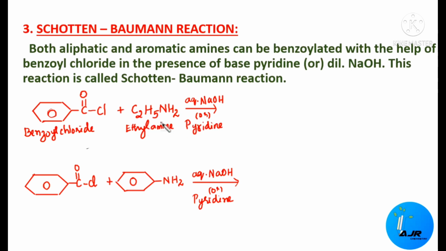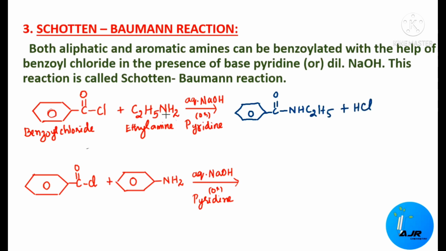So what happens is there will be a removal of HCl. The hydrogen from this NH and this chlorine combine and HCl is removed. And then you write the rest of the product. C double bond O. Now there won't be any Cl because this Cl is taken up by the hydrogen. The rest we write as NHC2H5 plus HCl.